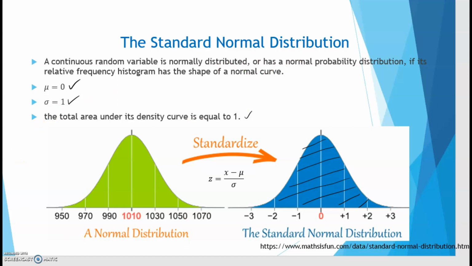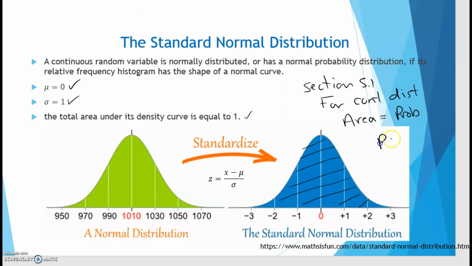The reason that it's going to be equal to 1 is we're going to relate the area under this curve to probability. If you remember back in section 5.1, we said for continuous distributions, that area is the same thing as probability.